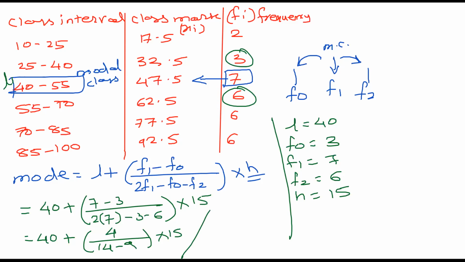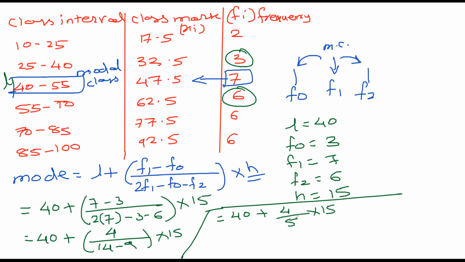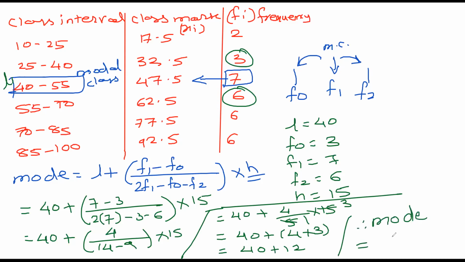Calculations are rather easy. So you get 40 plus 4 upon 5 into 15. 5 ones are 5, 5 threes are 15. So you get 40 plus 4 into 3, which is 40 plus 12. So the mode is 52.